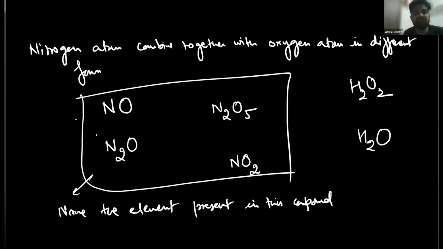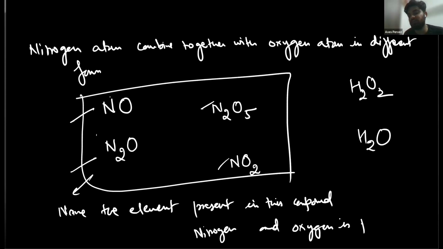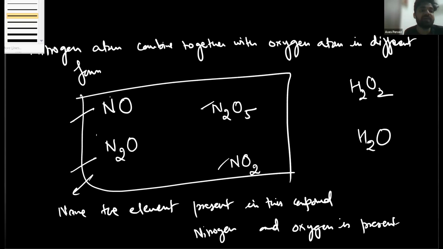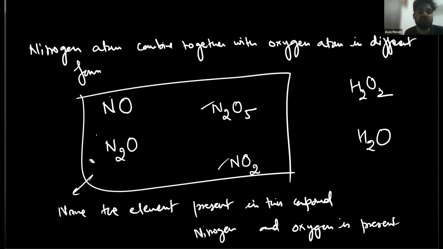So the answer is nitrogen and oxygen, in each one. Only nitrogen and oxygen are present. But if I ask how many nitrogen and oxygen atoms are present in each case, you will write 1 nitrogen, 1 oxygen; 2 nitrogen, 1 oxygen; 2 nitrogen, 5 oxygen; 2 nitrogen, 2 oxygen.